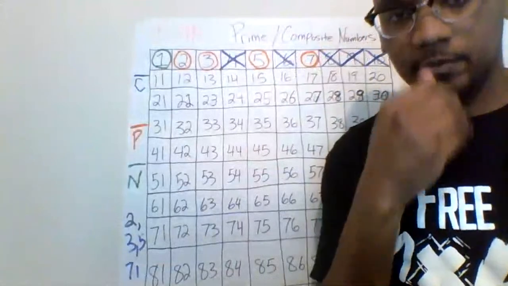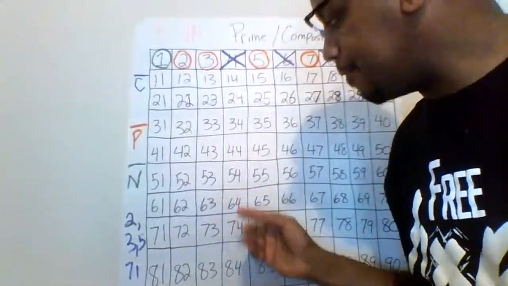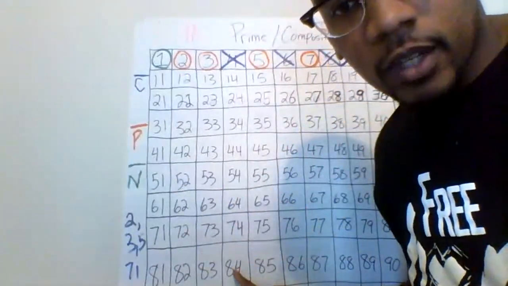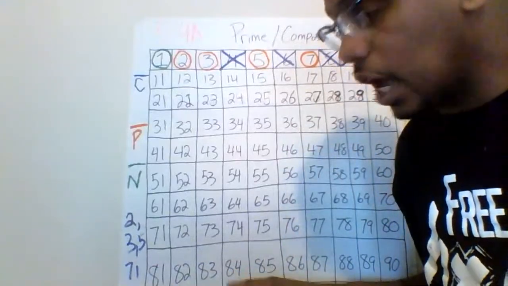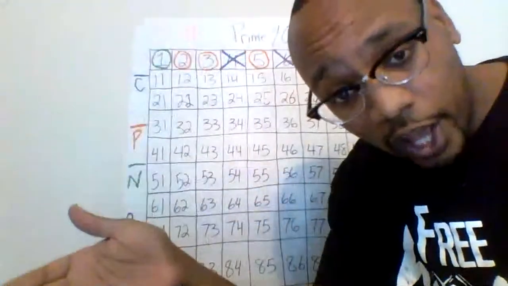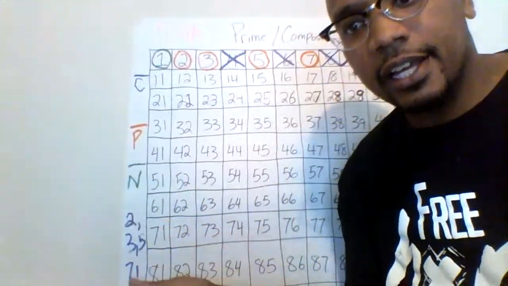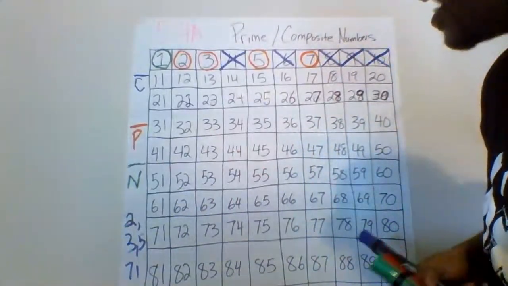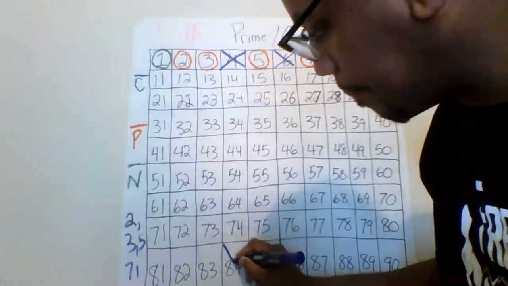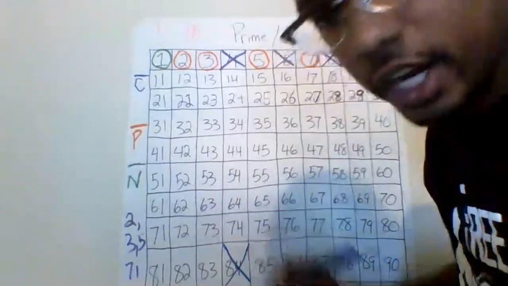For example, the number 84 is composite because of the multiple of 7. How do I know? Because 7 times 12 is 84. And since the multiples of 7 works on this, I can automatically know that 84 is composite. So I'll cross out 84.